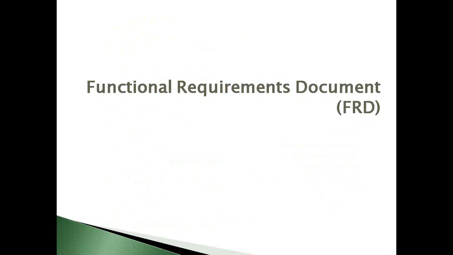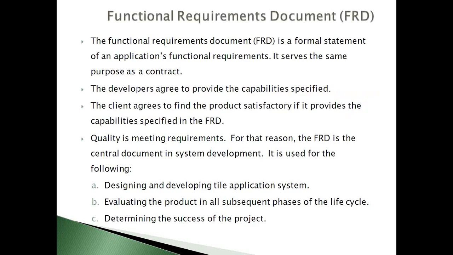Let us see the difference between the BRD and FRD. The functional requirements document can also be called the functional requirement specification, FRS. We can use either terminology, FRD or FRS.